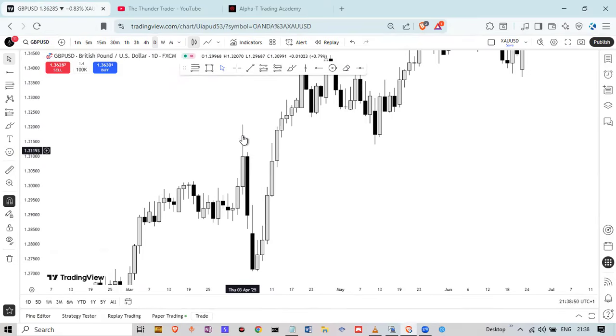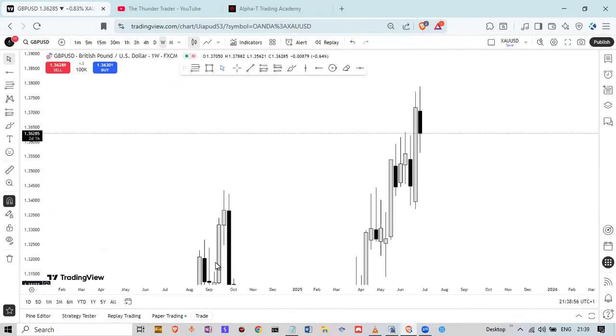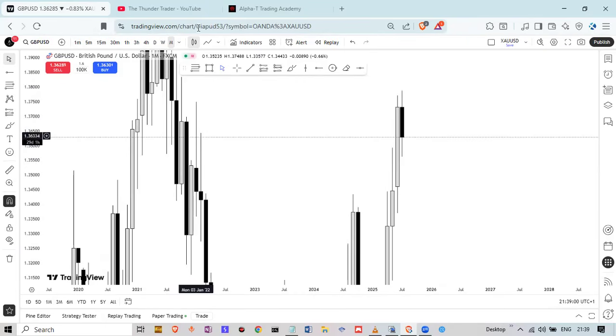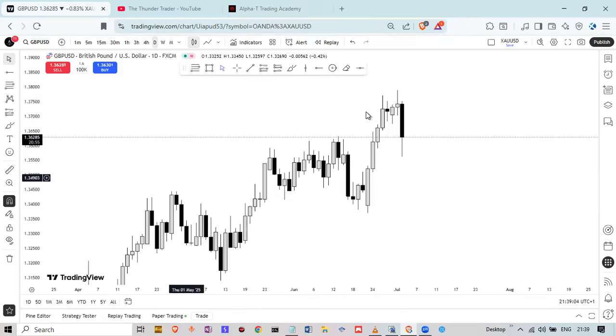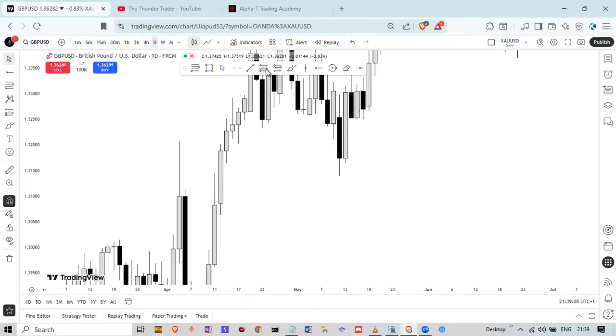This long wick I usually find on the daily, the weekly, and the monthly. So, for example, on the daily, when I see a long wick like that, sometimes I will just use my Fibonacci to get 50% of the range of the wick.